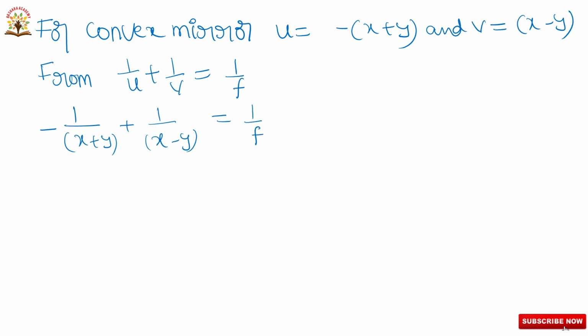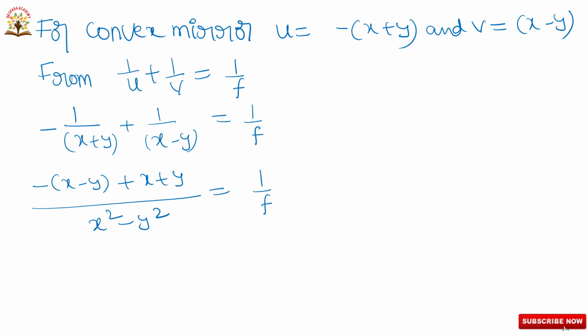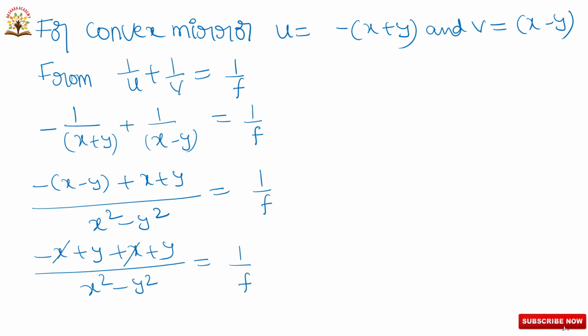Now taking LCM, in the form of a plus b into a minus b, x square minus y square is equal to 1 by f. Here minus x minus of minus y plus x plus y by x square minus y square is equal to 1 by f. Minus x plus x cancel.